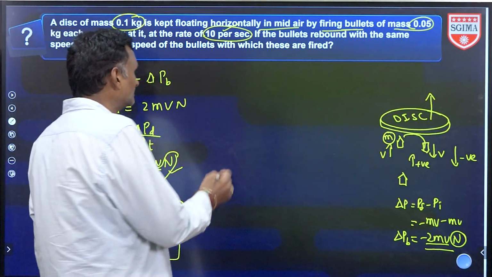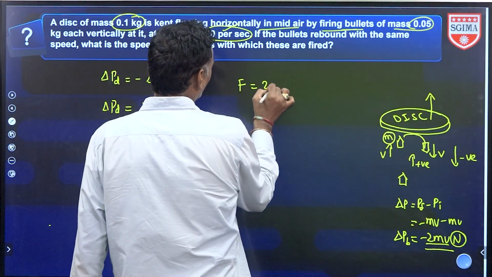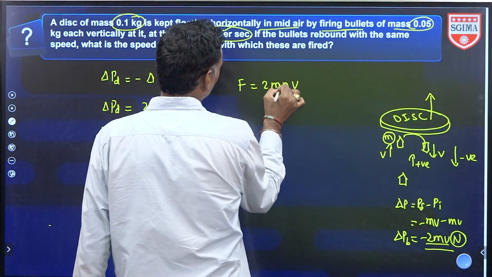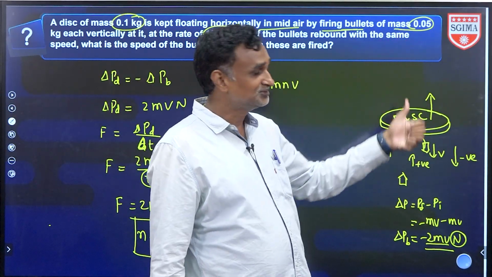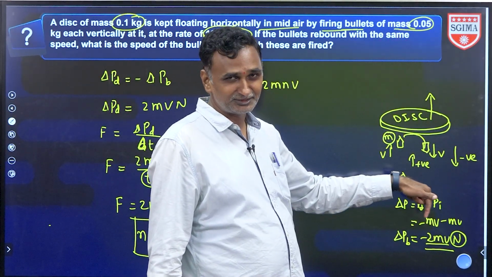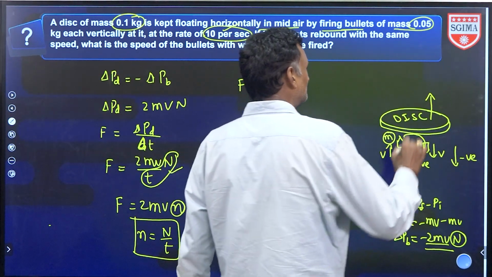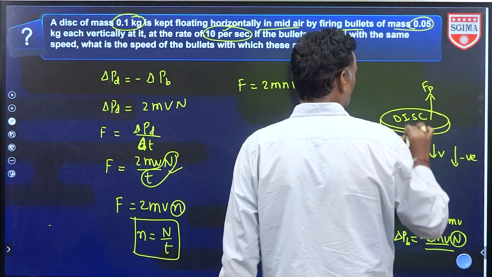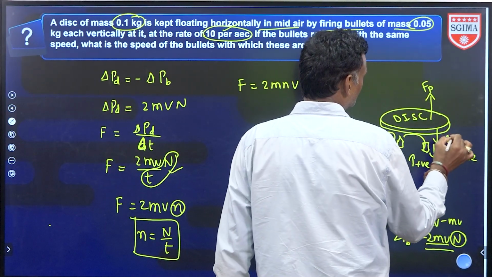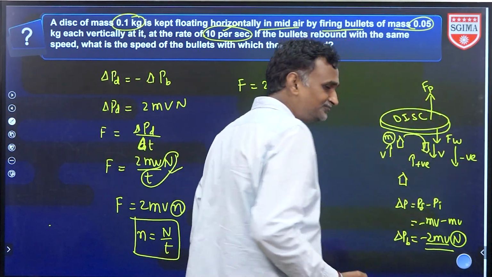So this force is felt by the disc, in which direction? Upward. The weight of the disc is in which direction? Downward. So the disc feels a force due to change in momentum upward and a weight force downward.